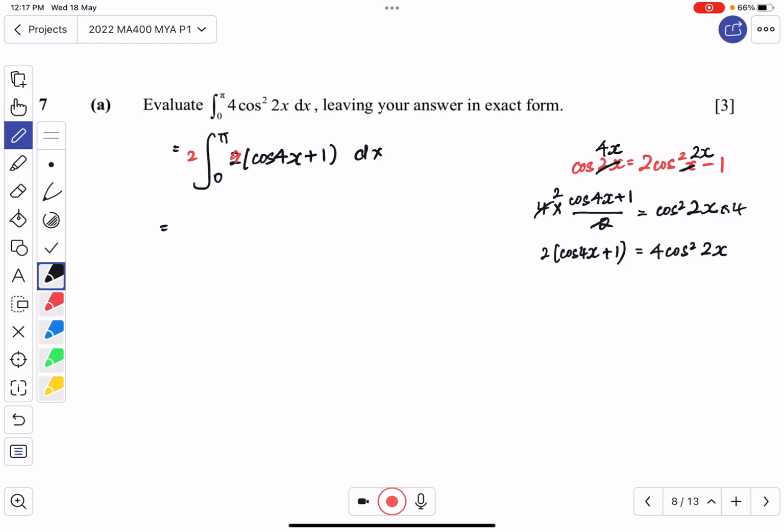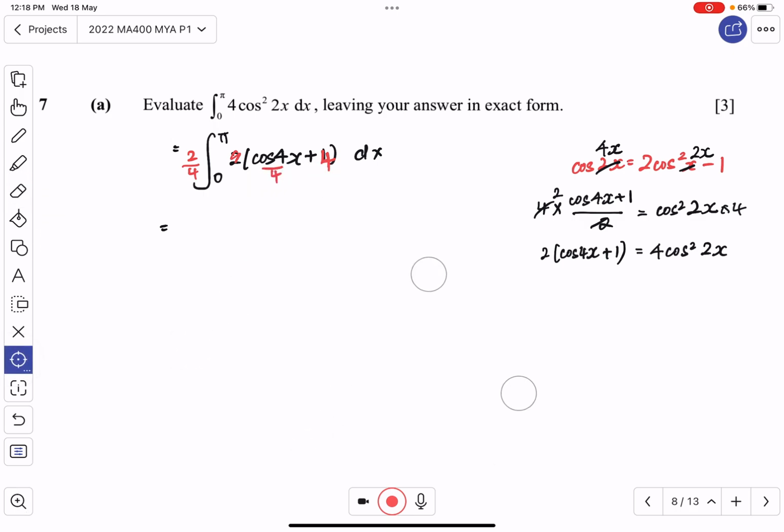I can write this as 2 over 4. If I divide by 4 inside, what I'll do is multiply by 4 outside.